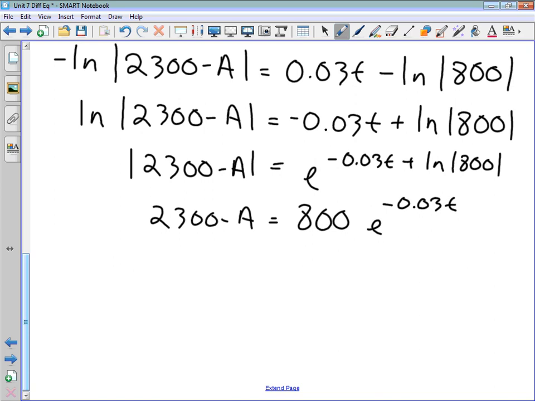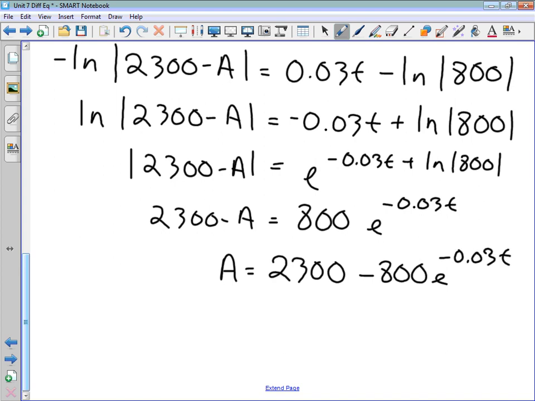And then we can just rearrange to solve for A. A is going to equal 2,300 minus 800 e to the negative 0.03 t. Okay, so we've got an expression for A, which is the amount of salt in the tank, as a function of t.